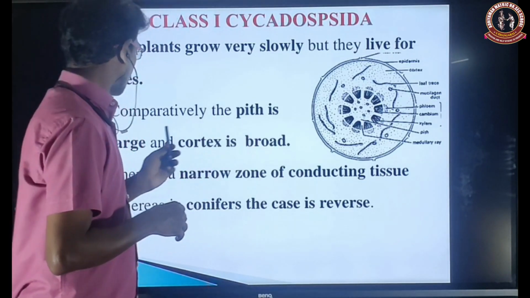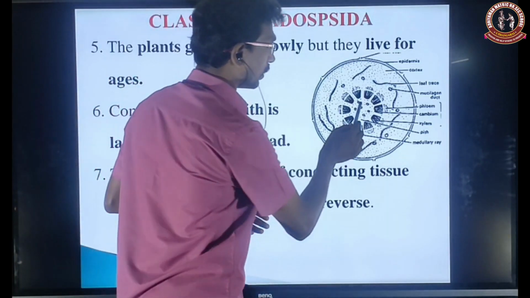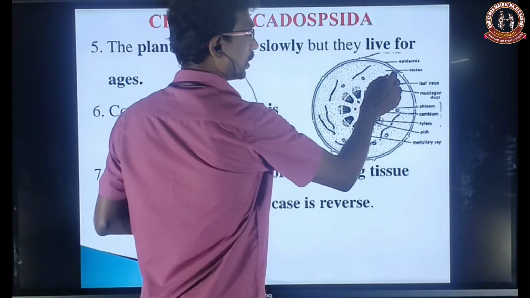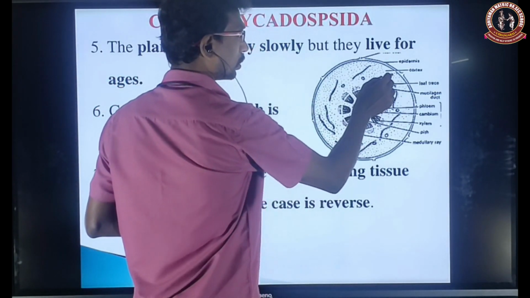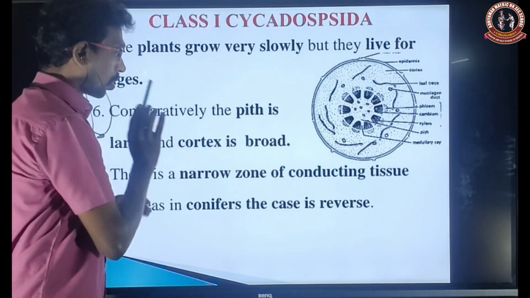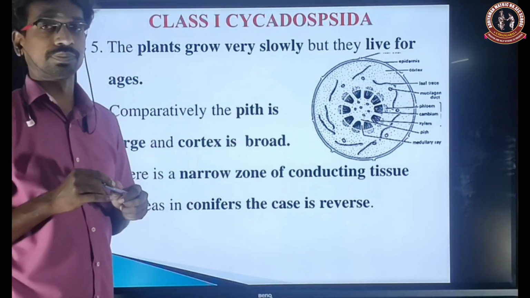Comparatively, the pith is long and the cortex is broad. Pith is the center region. Then there is the epidermis and the vascular tissue, and the region in between is called the cortex. So the pith is large and the cortex is broad.